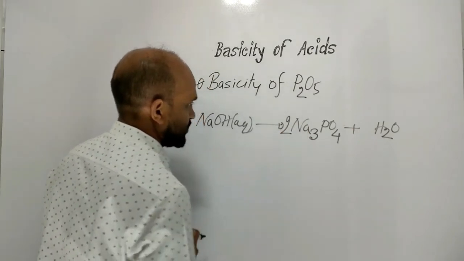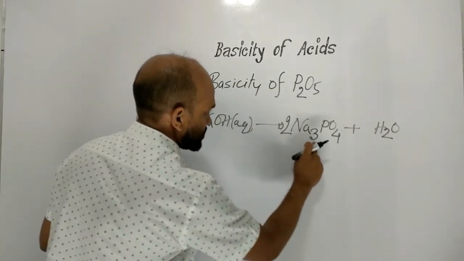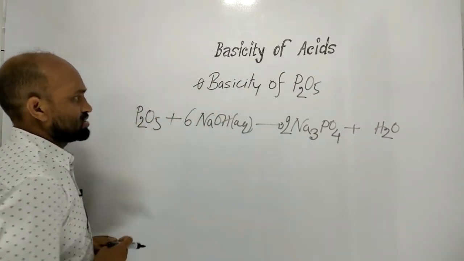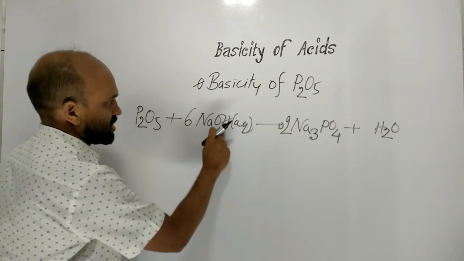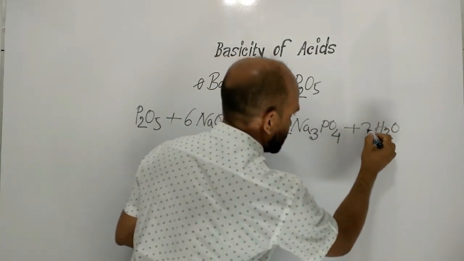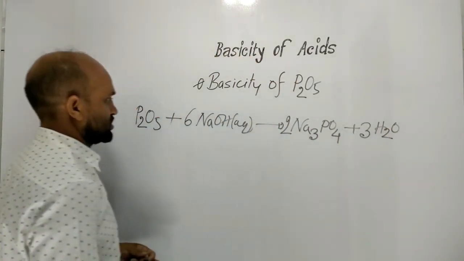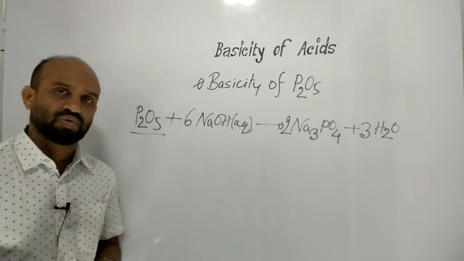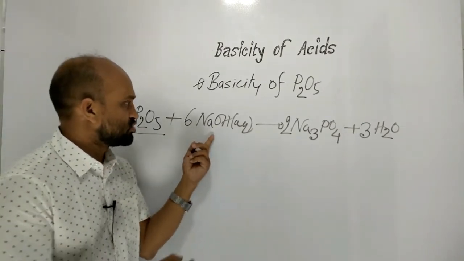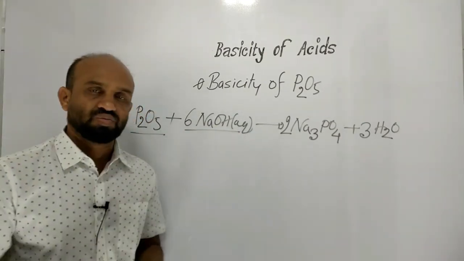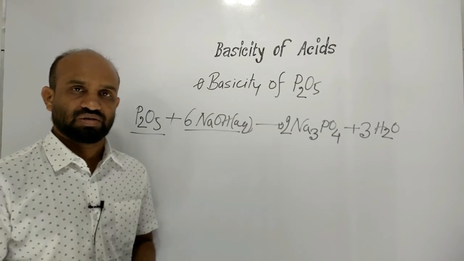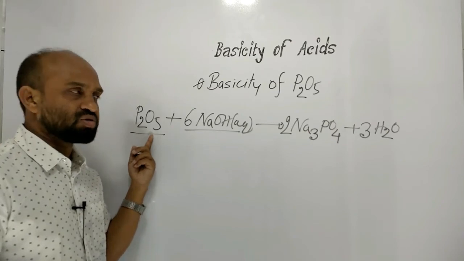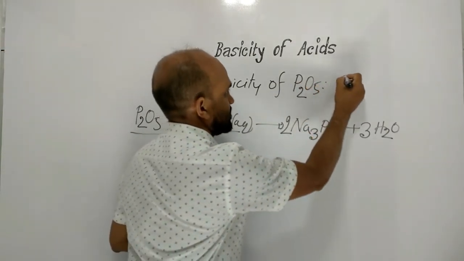So here 2 is put, but now sodium atoms 6. So here 6 is put. 6 hydrogen atoms, now 6 hydrogen atoms. Here we see that 1 mole of phosphorus pentoxide neutralizes 6 moles of sodium hydroxide. That is why basicity of phosphorus pentoxide is 6.